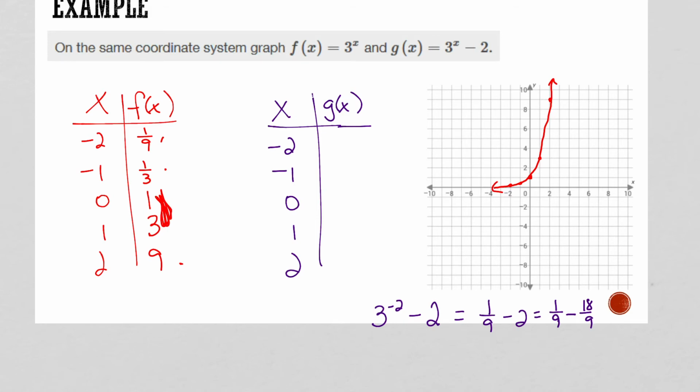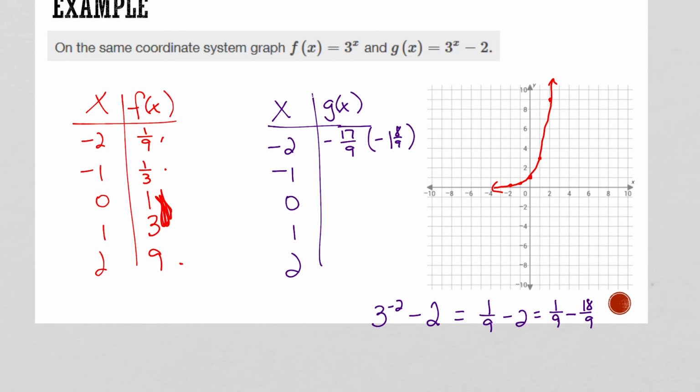So I get negative 17/9, which, by the way, negative 17/9 would be about negative 1 8/9, which is basically negative 2.